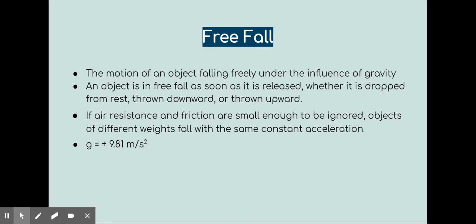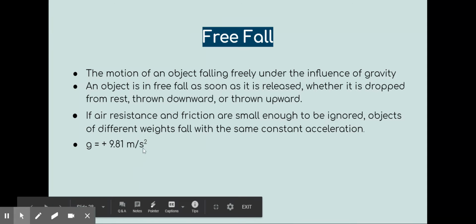Lastly, we're going to talk about free fall. So whenever we release an object, whether we are throwing it into the air, or dropping it from rest, or throwing it downward, that object is considered to be in free fall and is being acted upon by gravity, which has a value of 9.81 meters per second squared.